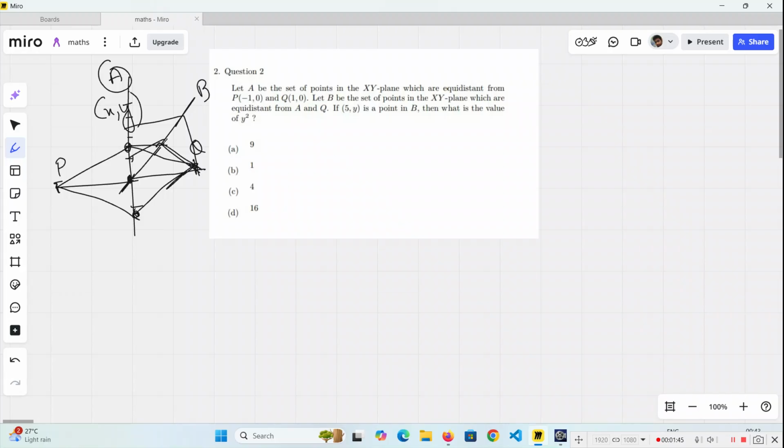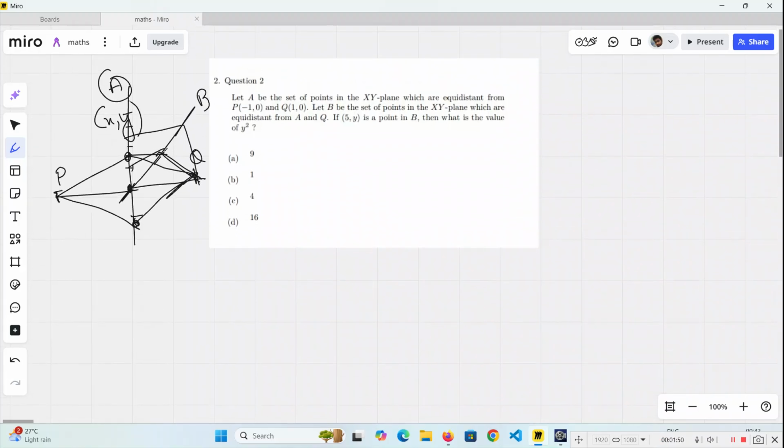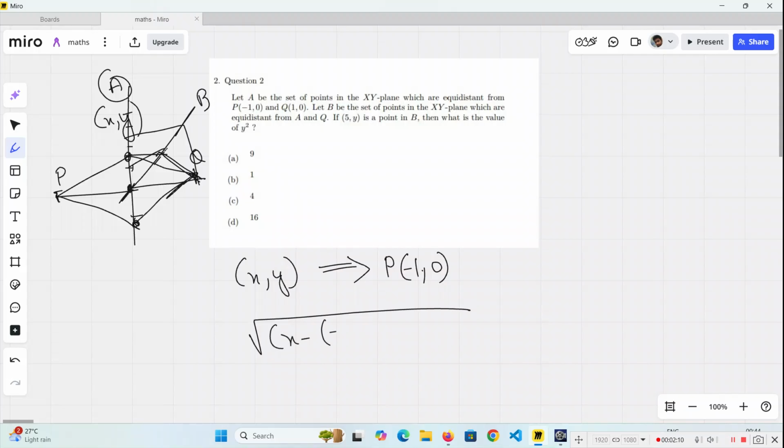So in set A, we have to find what is set A. We know the distance formula. So the distance of this coordinate xy with P, that is (-1, 0), will be given by the distance formula: root over x minus of -1, means x plus 1 whole square, plus y minus 0 whole square.